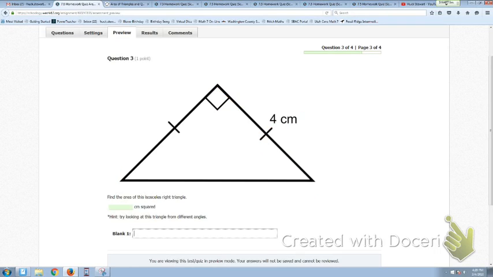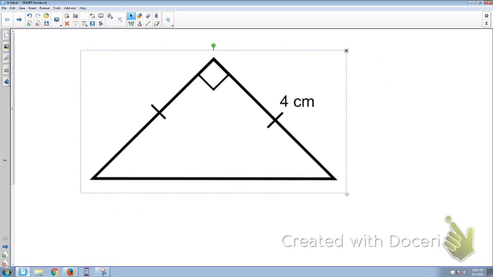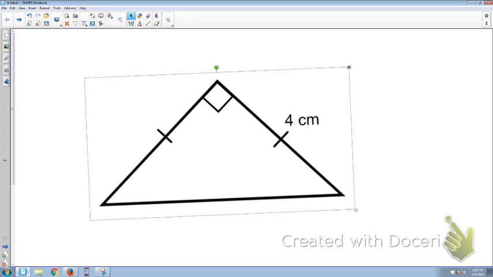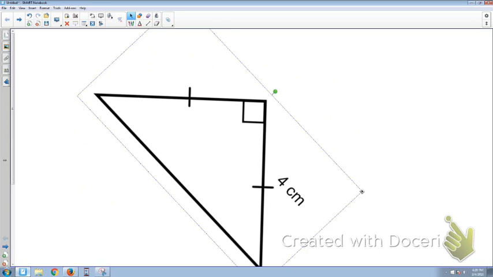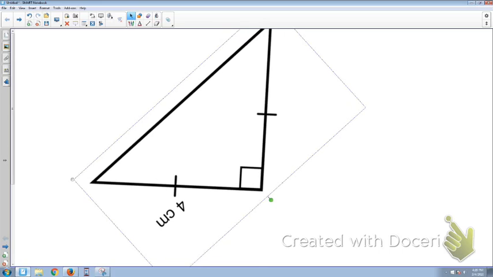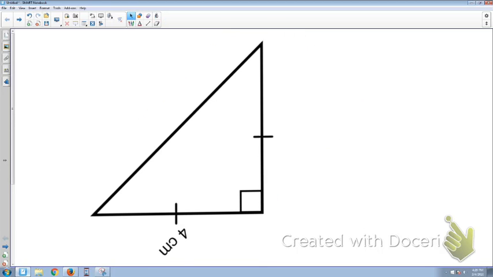So I gave you a hint. Try looking at the triangle from different angles. To show you what I mean by that, I'm going to take this right here, same triangle, and I'm going to begin rotating it. Anytime we can get the base to be resting on the ground, that's what we're going to be doing here.